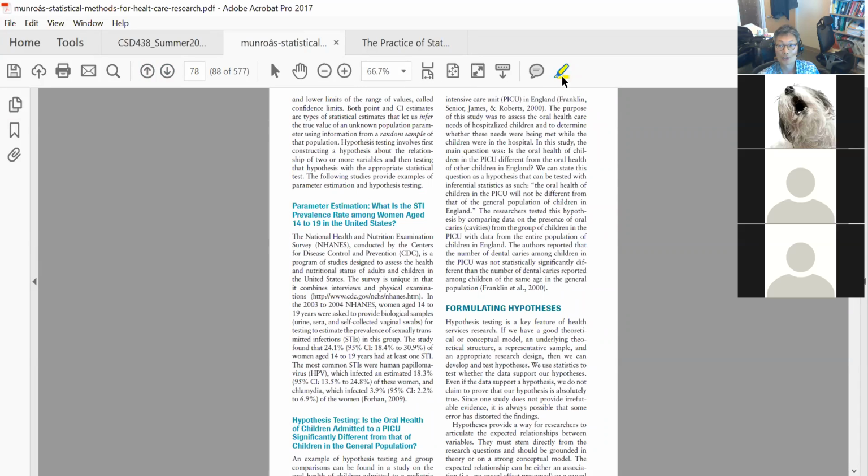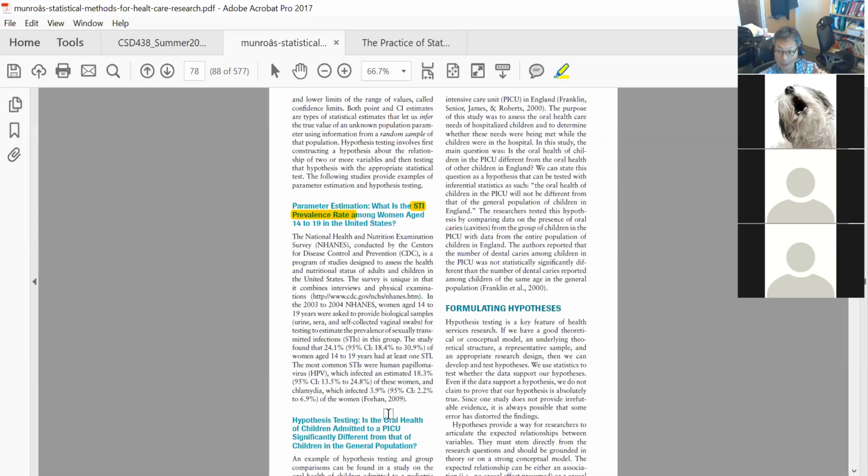One is just asking about one parameter. For example, what is the STI prevalence rate among women aged 14 to 19 in the United States? This one is just asking about the STI prevalence rate. It's not about a comparison at all. It's just point estimation from the sample.